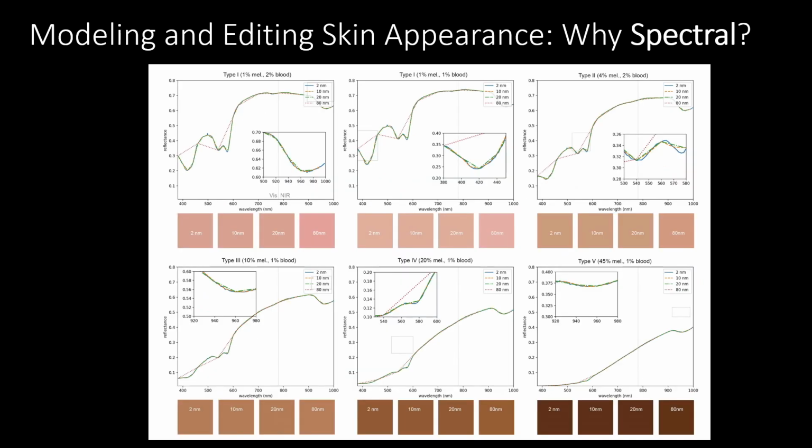This plot illustrates the effect of spectral resolution on the final simulated appearance from the chromophore spectral data for different skin types. Using a resolution of 10 nanometers, totaling 40 spectral bands, offers a good balance between error and computational time, showing similar results to 5x more spectral bands. We can also see that even with visually similar appearances in RGB, the spectral reflectance presents strong differences between different types of skin.